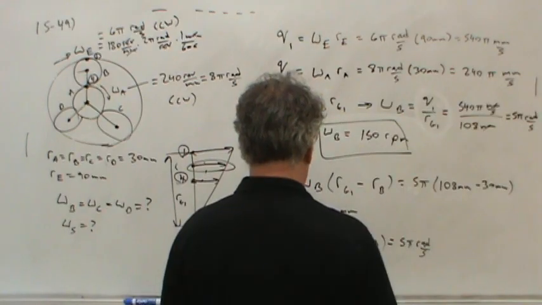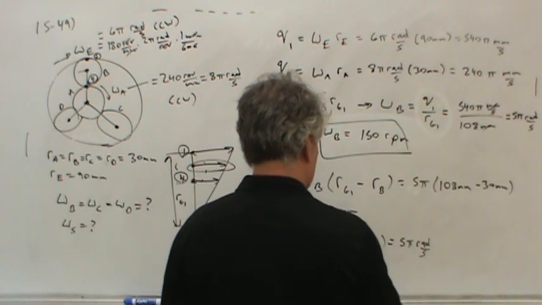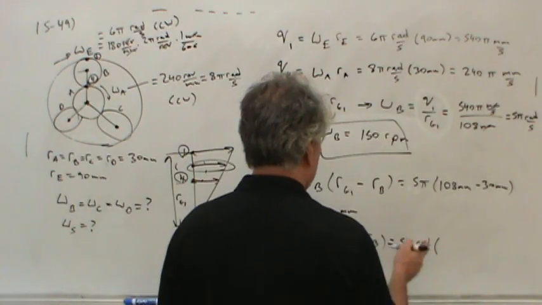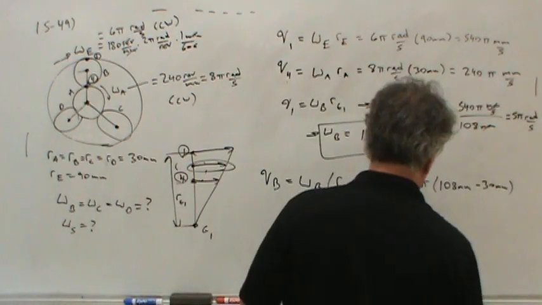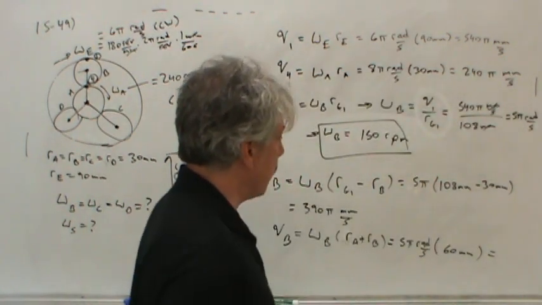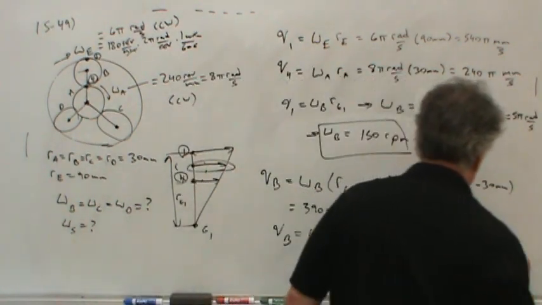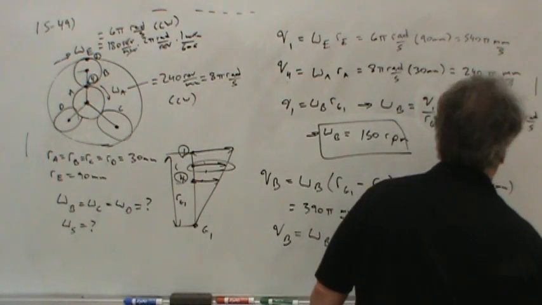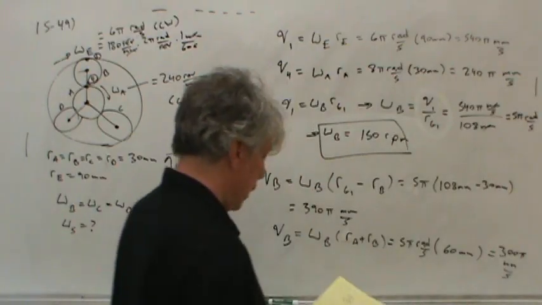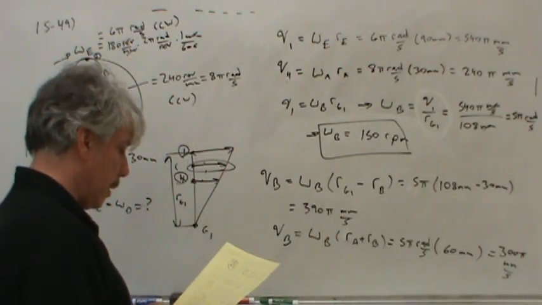And RA and RB are both 30 millimeters, so that's 60 millimeter. So from here, 6 5s are 30, so this must be 300 pi. And those are millimeters per second, but I think I'm running out of camera space.